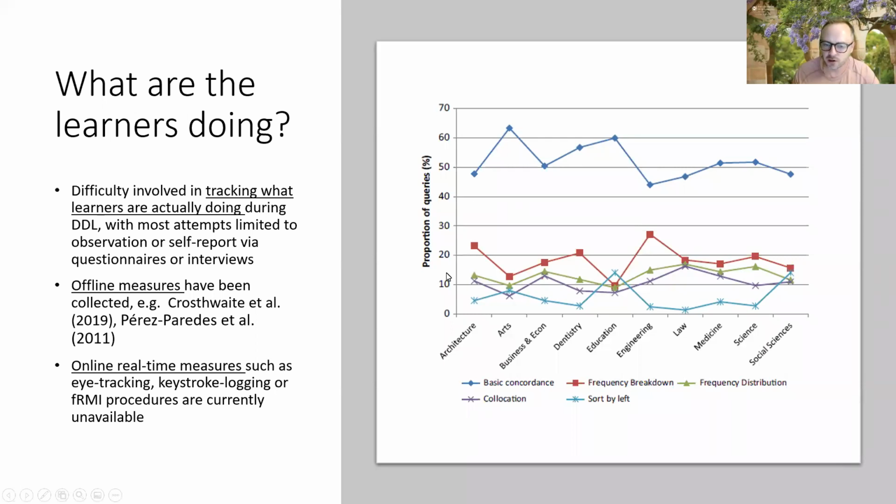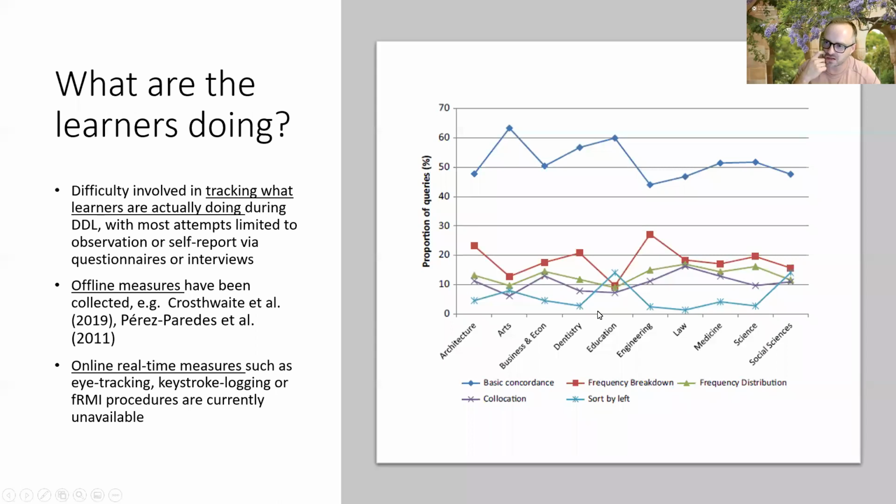The diagram that you can see here, for example, is based on a corpus platform that I developed at the University of Hong Kong, which was used for graduate thesis writing courses across all the different faculties of the university. And we were able to track which kind of faculty was using different corpus functions.